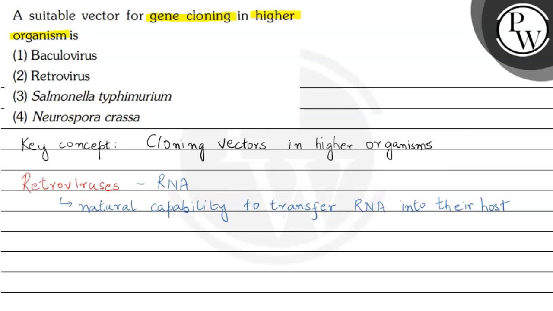So once a retrovirus attacks a host cell, it can transfer its RNA inside the host cell, where this RNA is converted into DNA. This process of RNA conversion into DNA is done by an enzyme which is known as reverse transcriptase.